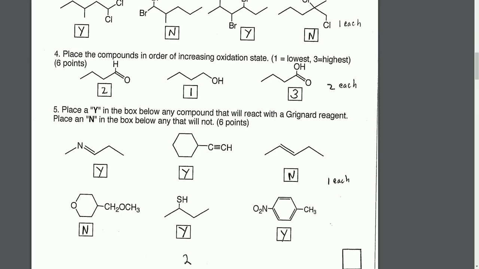Like, for example, PCC is going to oxidize an alcohol only to a carbonyl if it's a primary alcohol. But if I have a Jones reagent, for example, and it's on a primary alcohol, it won't stop at a carbonyl. It'll stop at a carboxylic acid, right? So that's more oxidative.